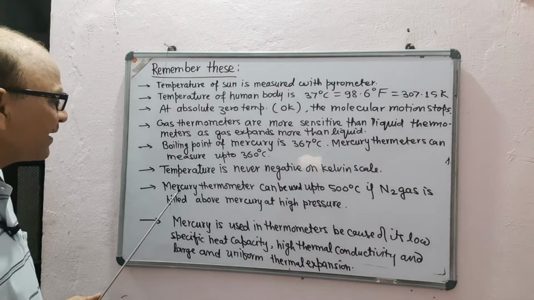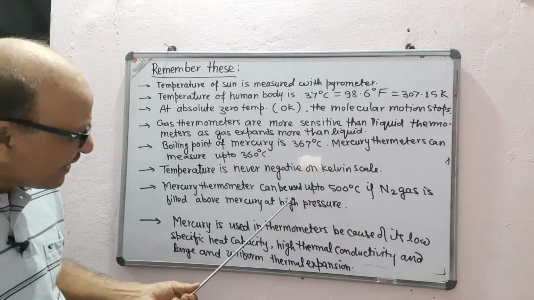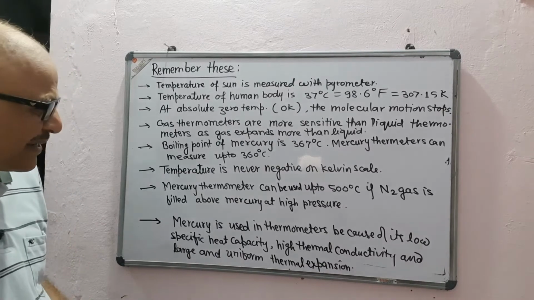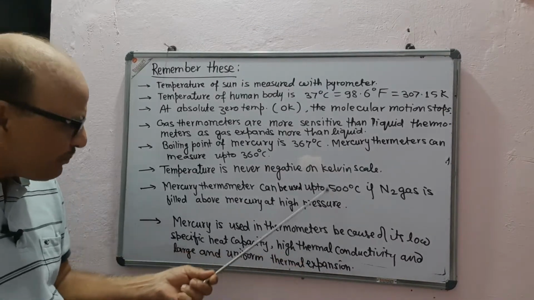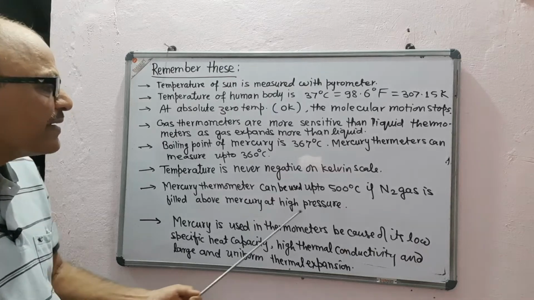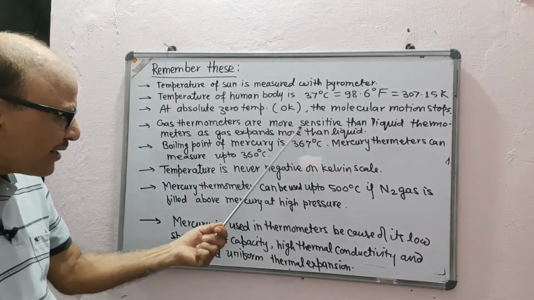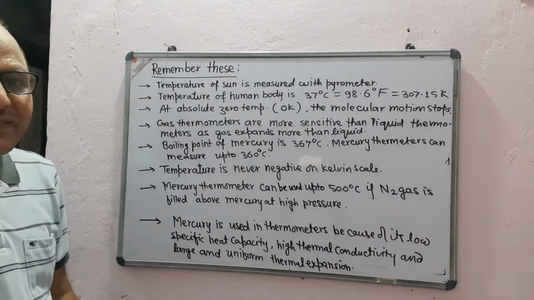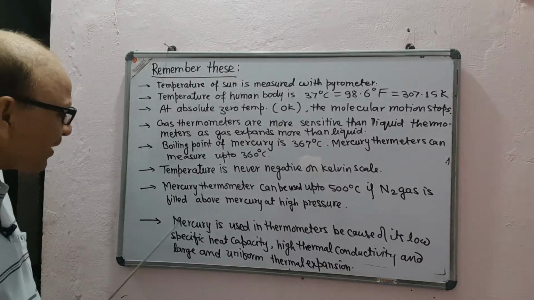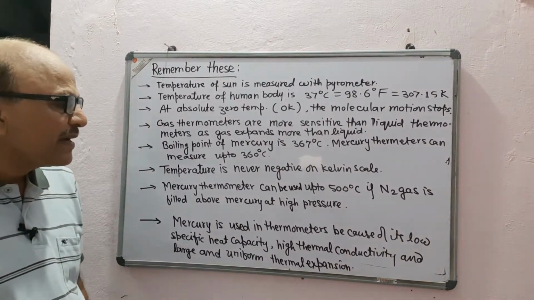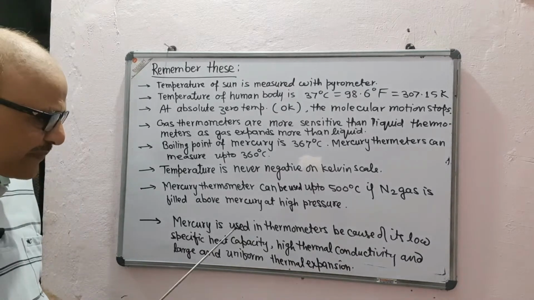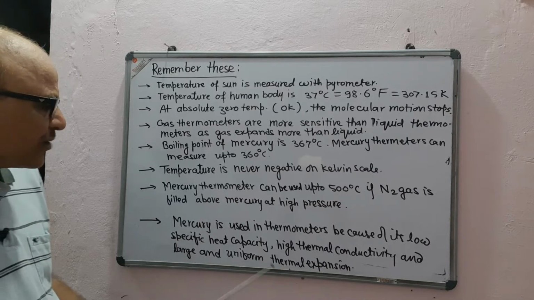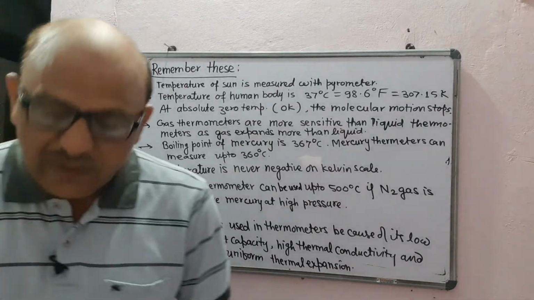Next, mercury thermometers can even measure up to 500 degrees Celsius if nitrogen gas is placed above mercury at very high pressure. Then the boiling point increases, therefore up to 500 degrees Celsius can be measured. Now, mercury is used in thermometers because of its low specific heat capacity, very high thermal conductivity and large and uniform thermal expansion.